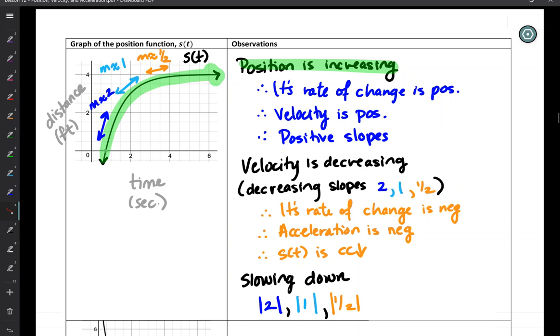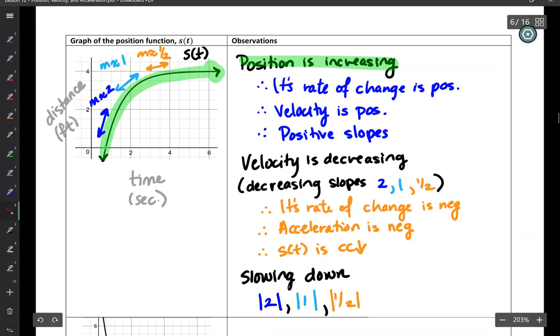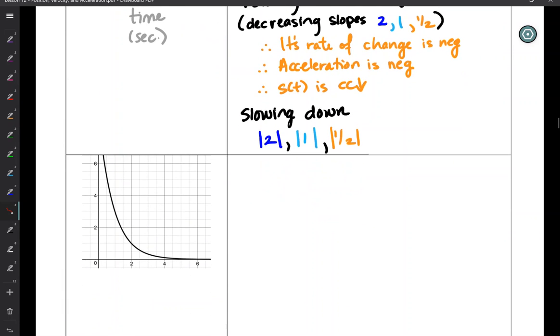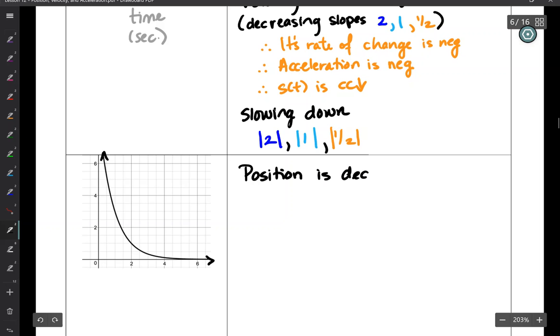Now I want to look at one other example where we're going to see slowing down, and that's with this curve right here. Here is my position function. When I look at it, I would say that position is decreasing. If this were my money, I would not be happy.